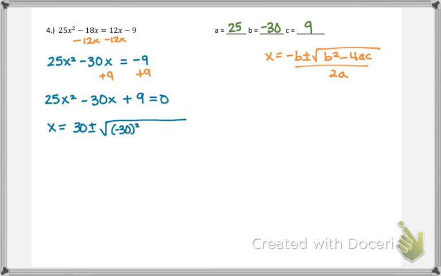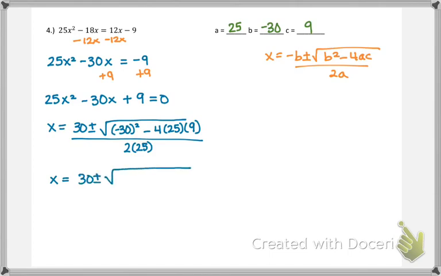Whenever you square a negative number, it becomes positive. Minus 4 times 25 times 9 all over 2 times 25. Okay, and you can use a calculator for this one because the numbers are a little big to help you simplify, if you need to, but you can also do it by hand.